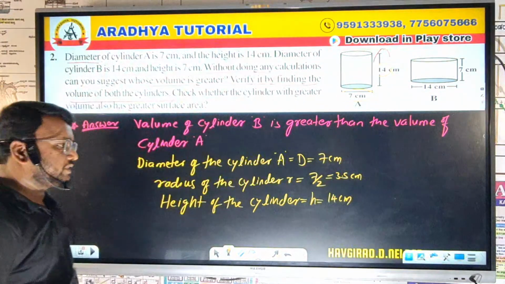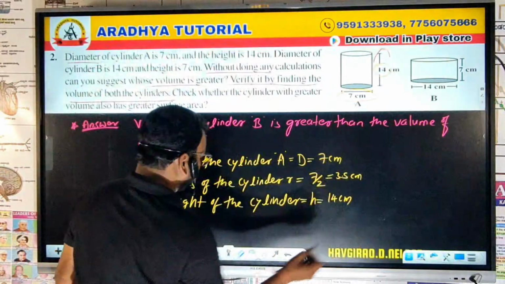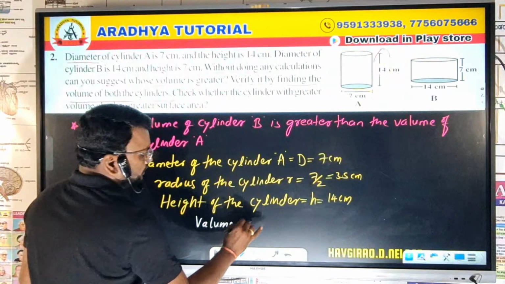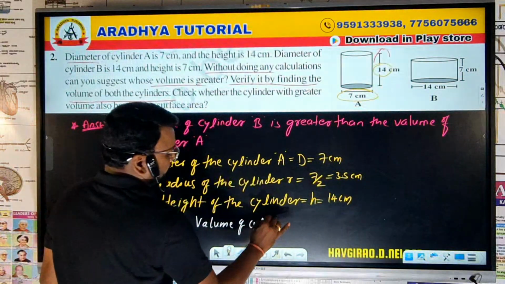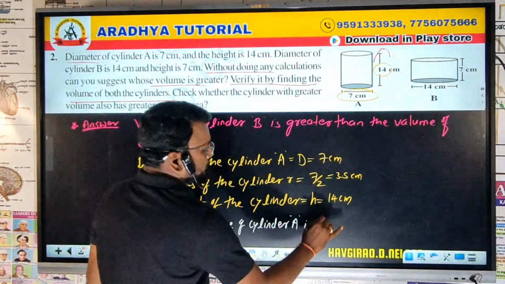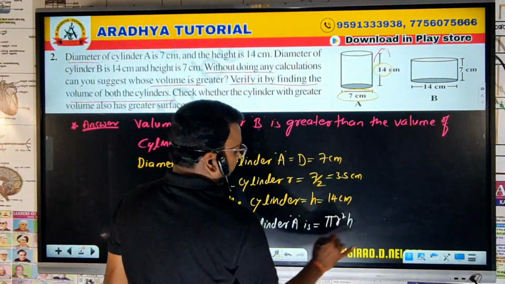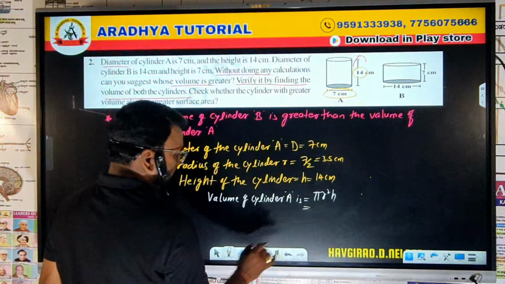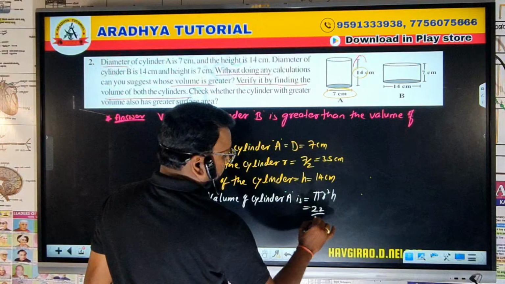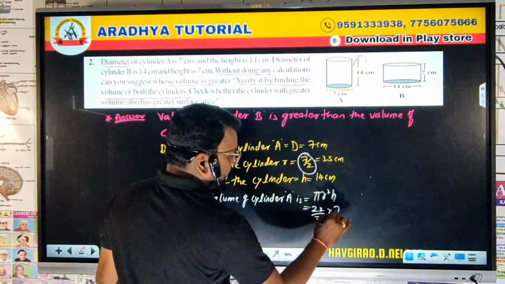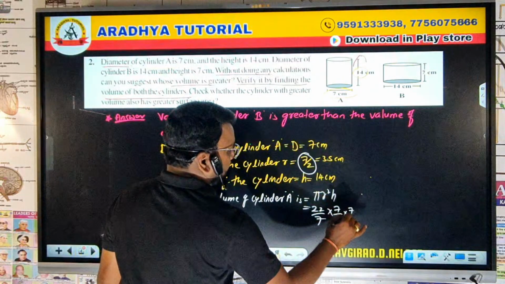Now volume of the cylinder formula, volume of cylinder A is pi r square H. Pi means here 22 divided by 7, and r we can take 7 divided by 2 into 7 divided by 2.